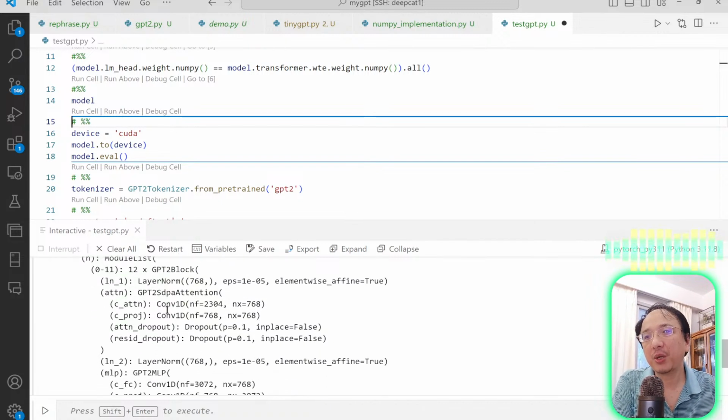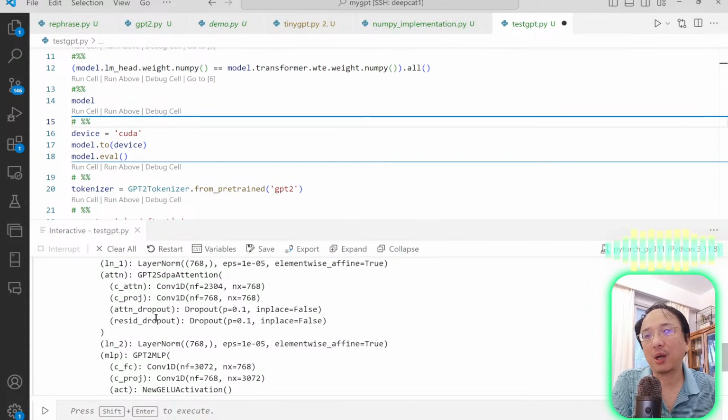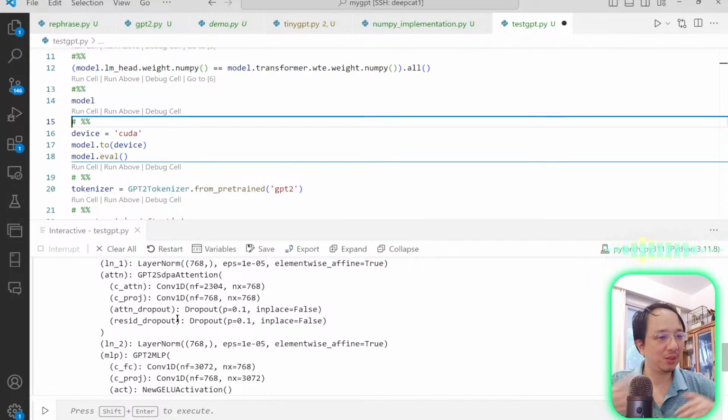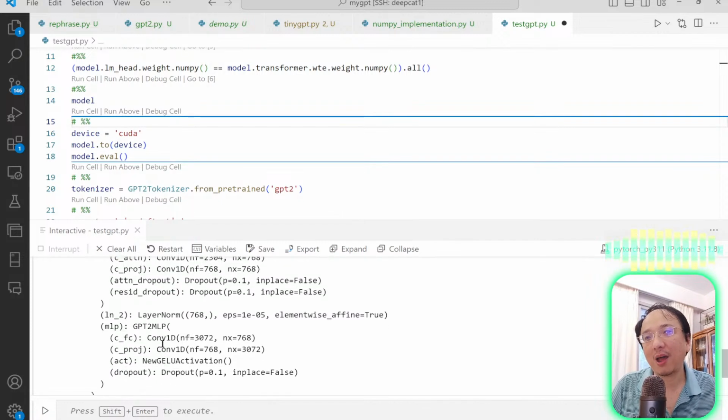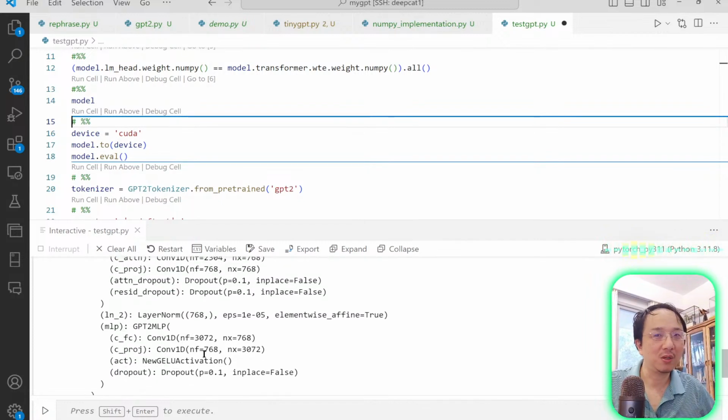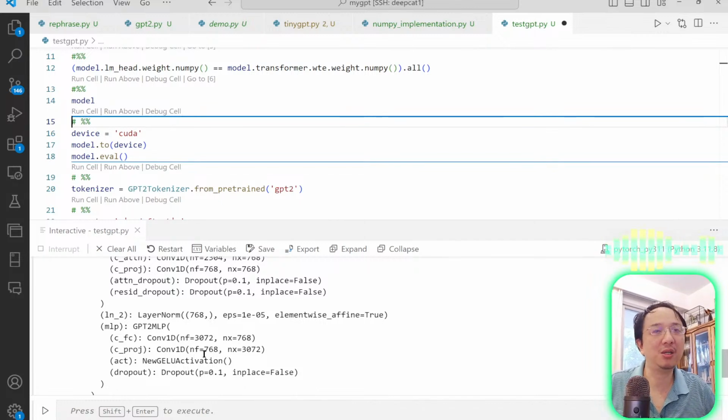Also, you can see the attention layer and projection layer. It has dropout, but the dropout has no function when you do inference, so we are not going to implement the dropout. But you will see very familiar layers like c_attn, c_proj, and ln_2, MLP in our implementation, and also in Karpathy's tiny GPT or minGPT implementations.